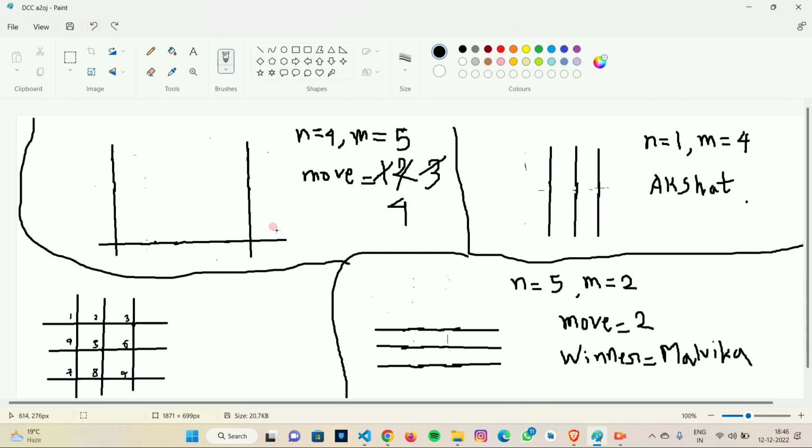In this move, it is guaranteed that this horizontal stick will be removed and any one of these 2 vertical sticks will be removed. Let's assume that Malvika chose this intersection point and removed these 2 sticks. So now the grid looks like this and there is only one stick left. Since there is no intersection point left, the winner of the game is the one who made the last move, that is Malvika.